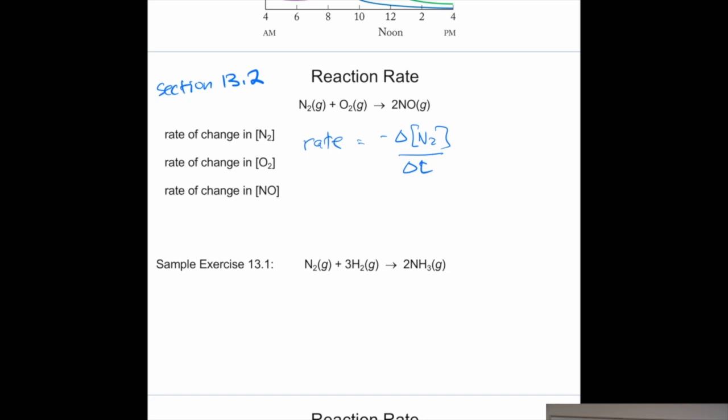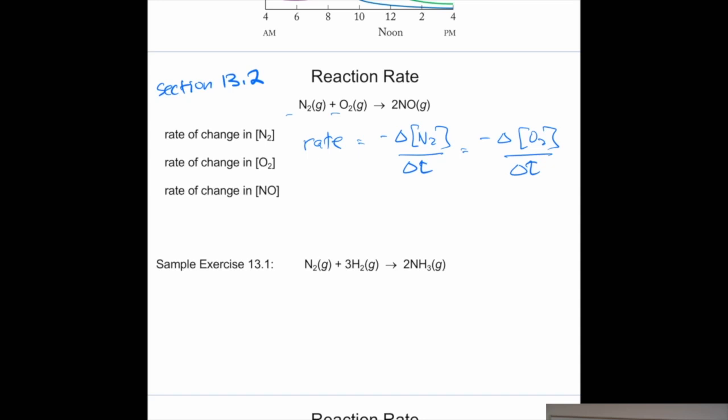And I put a negative sign there because the nitrogen is going away. It's decreasing. The concentration's decreasing. And if you look at the coefficients, it's 1 to 1. So that's going to be the same as the rate that we would describe for the change in concentration of O2 over time.